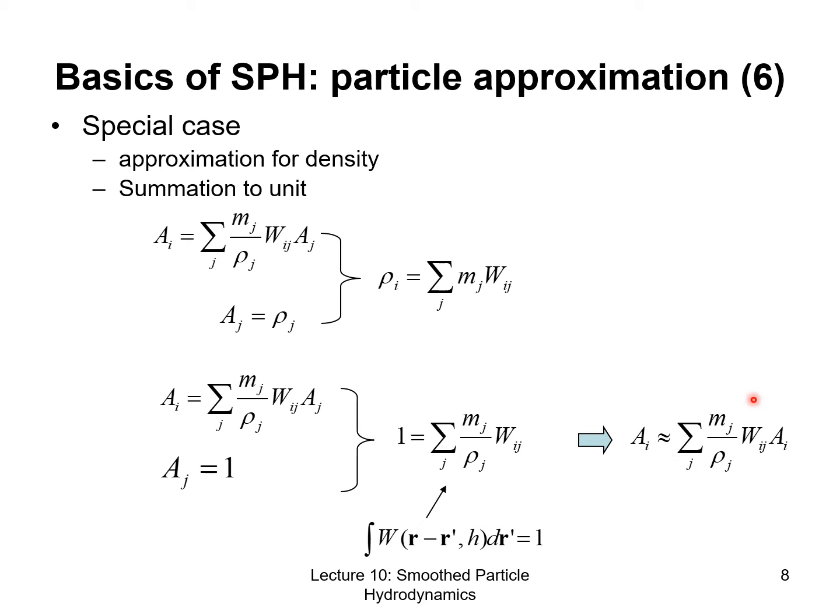Basically that means in SPH, if we approximate a constant value, we only achieve an approximate result. If every particle has value 1, the approximate value will not be exactly equal to 1. That is a special property of the SPH method. That means you don't have exact reproduction of a constant field.